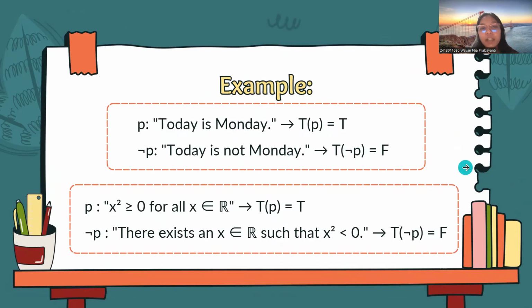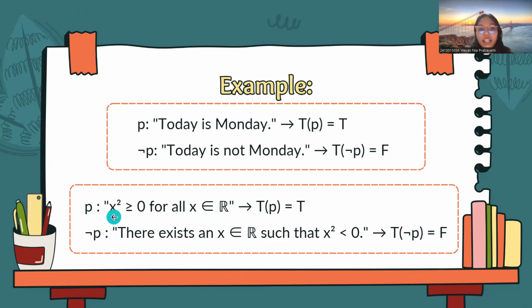For the example, we have a statement P that says today is Monday, and the truth value is true. So the negation will be today is not Monday, and the value will be false. The next example is the same. This is a negation for the quantifiers that we already learned earlier.